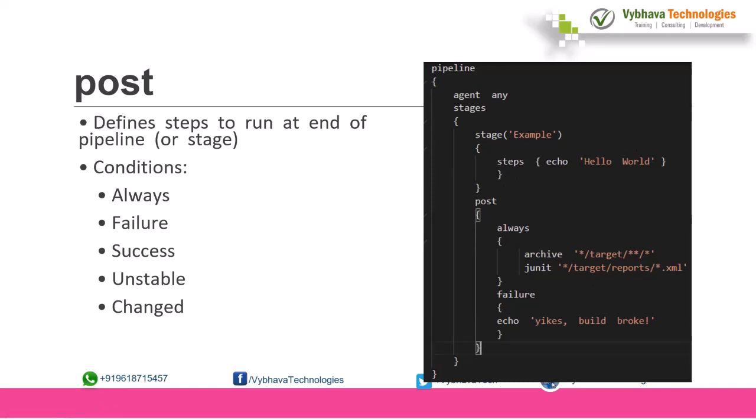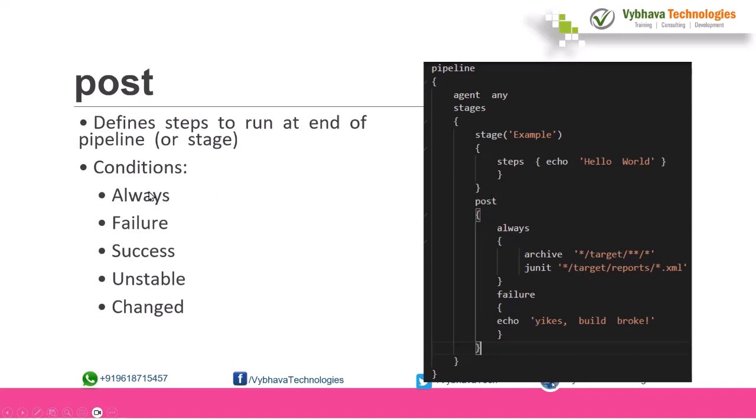The post build step handles what happens when the build is successful, and you want to send it to the next step. If the build failed, then you want to inform the team leader or the configuration management team who is working on that. So we can have a failure section, and an always section is also there. If the team should always be notified, then you can put it into the always block. In the failure case, you want to send a message in Slack or send an email. So the failure section is also one block we can use in the post.